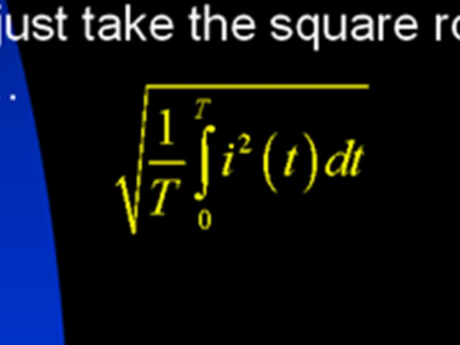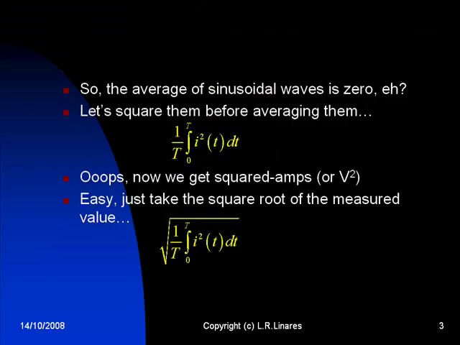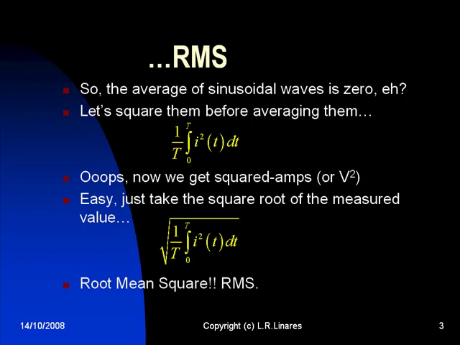What we're doing is we take the root of the mean of the square of the current we want to measure, right? And that number is non-zero. And that is the number associated to the time varying current. Quite a trick. Does it come with some physical meaning? Well, we'll see. For now, let's call that root mean square, RMS value of the current.